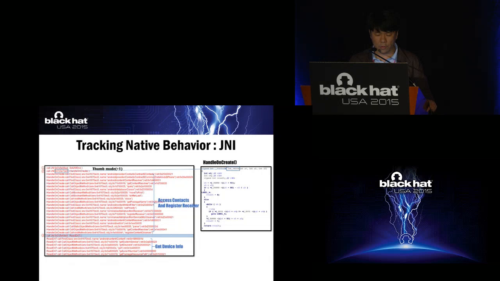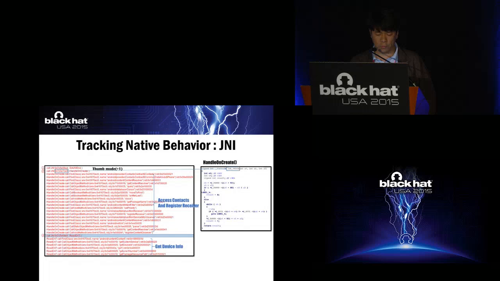This is the tracking result of the fake KakaoTalk app in the JNI layer. At first, the setJNI-env function is executed. setJNI-env didn't call any Java method. Second, handle-onCreate calls many Java methods, including register receiver, register content observer, and so on.